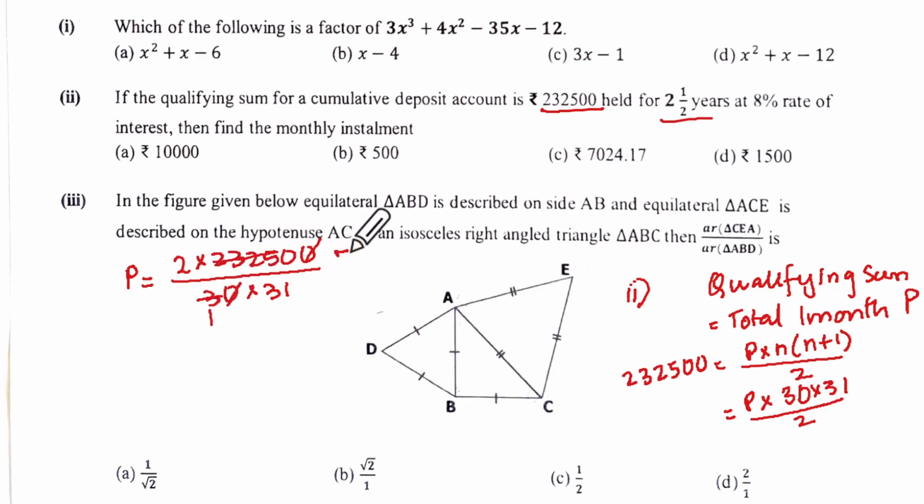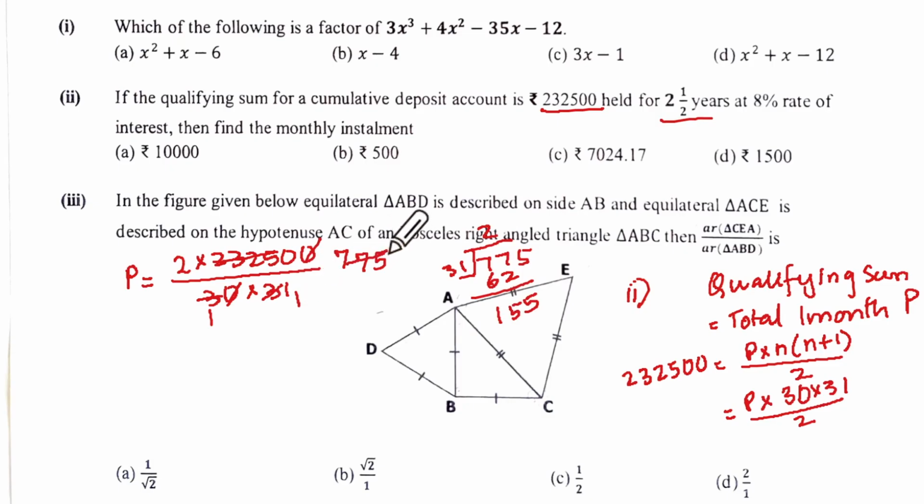So 3 sevens 21, 3 sevens 21, and 3 fives 15. All right, now 31 2's 62. 775 divided by 31, 2's 62. It goes 25 times, right?